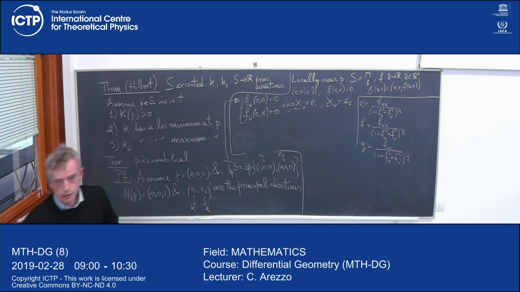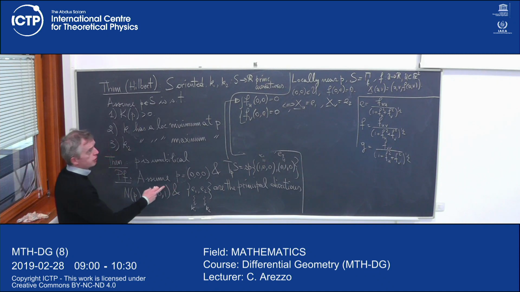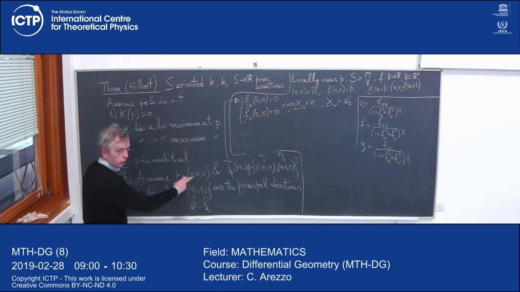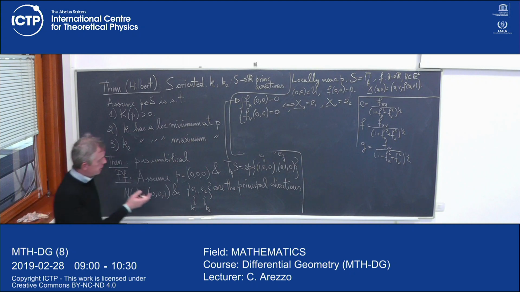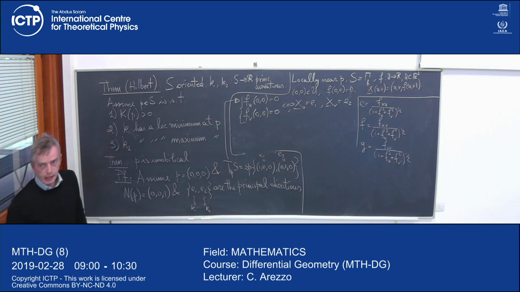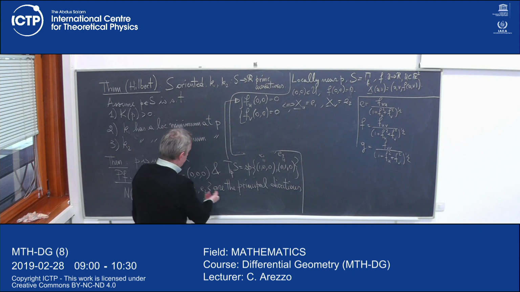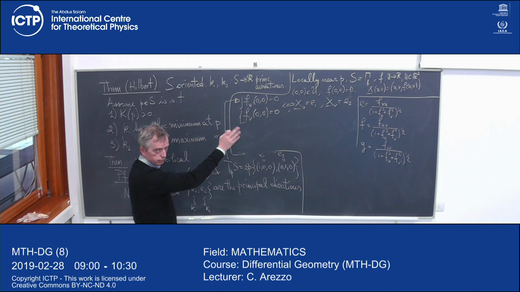Okay, so that's what we know. Very good. But remember, I've used almost everything. I mean, I translated almost everything in terms of the function f, except this one. So what does it mean that these two vectors are actually the principal directions? Well, in particular, it means that at this point, the second fundamental form is diagonalized by these coordinates.